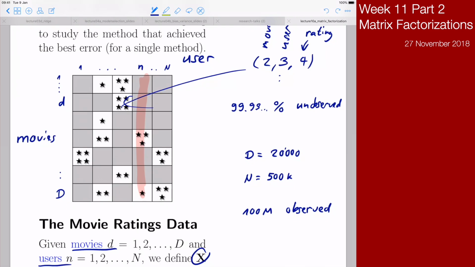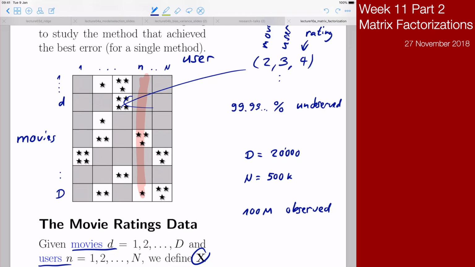What people found in this competition, and this was a very nice change, is that I should only care about the observed entries. If I only do this least square error on the observed entries, I get much better predictions. You still get a W and Z matrix, but a much better one, which has much better test accuracy.